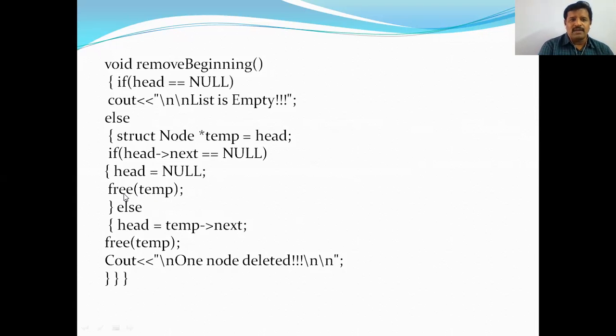Free is the function which is used to delete the node. Or else, that means head next is not equal to null, the list contains multiple elements. Then we make head equal to temp next. After that, free the temp. Right? In this way, we can delete the node.